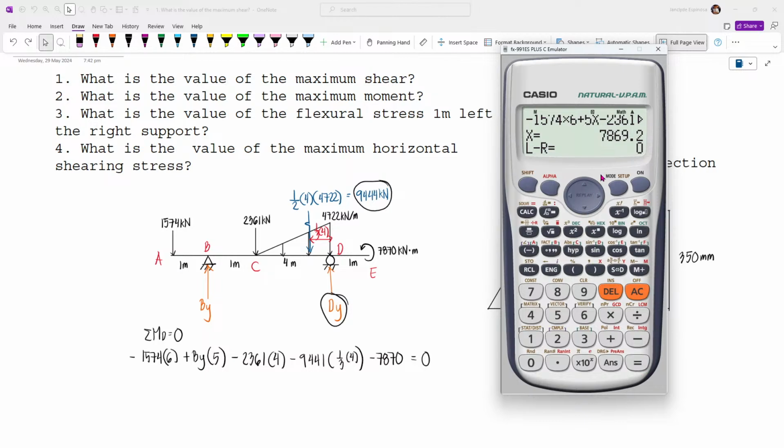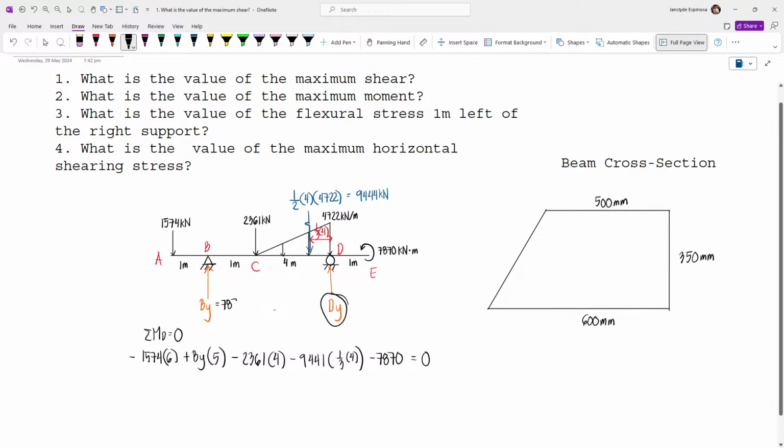I hope you also got this result. Please check. 1574 plus 5x minus 2361 times 4 minus, sorry, 9444 times 4/3. The result here is 7870. So 7870 kN. That's our BY.